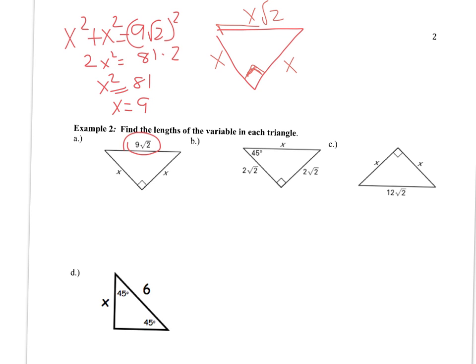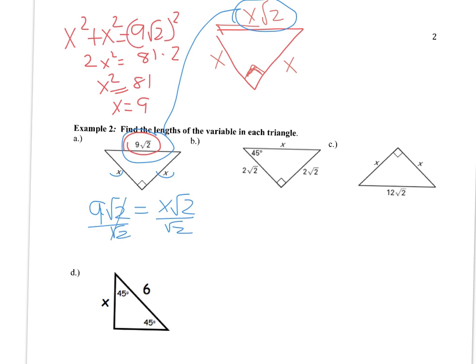So this tells me in this problem, my 9 radical 2 is my hypotenuse, and it's equal to that. So I can set them equal, 9 radical 2 equal to x radical 2, and that will give me what my x is, which are each of my legs. So I just have to divide both sides by radical 2, and there I get x equals 9.